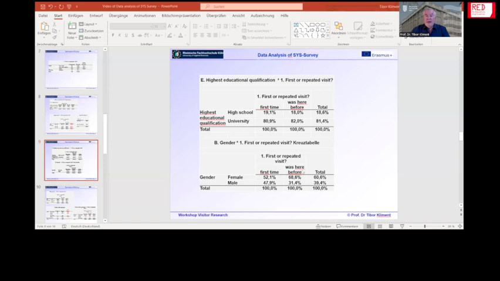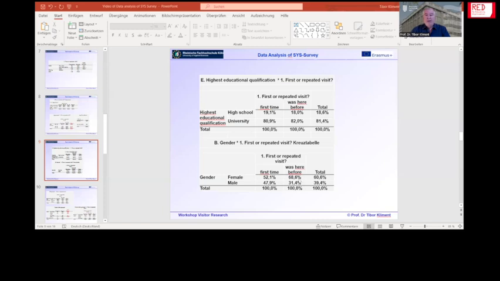Here we can see that female visitors are much more often regular visitors than male. So here the conclusion is, for whatever reason, female visitors are much more loyal to the film festival than male visitors.